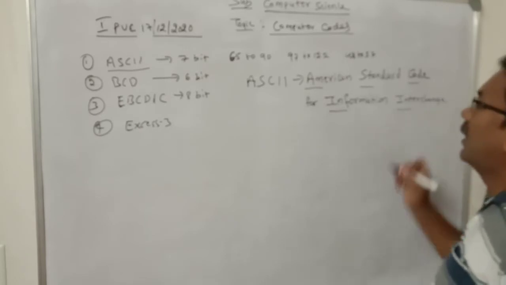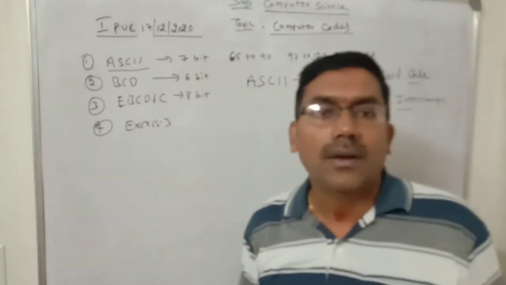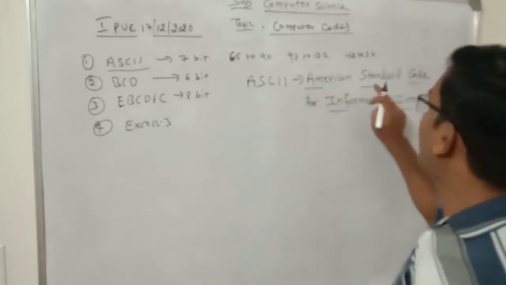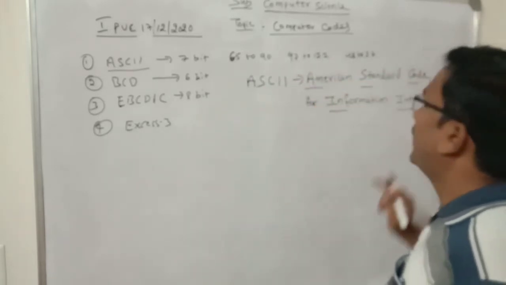They'll ask a 1 mark question: write the full form of ASCII. Then you have to write American Standard Code for Information Interchange.